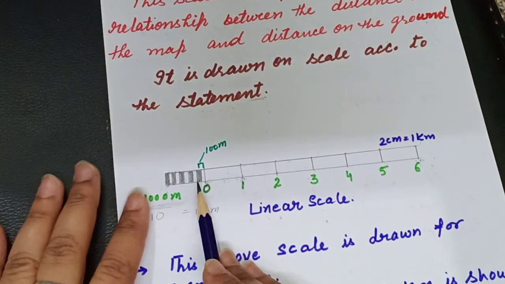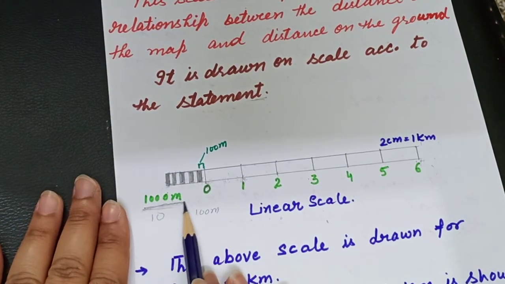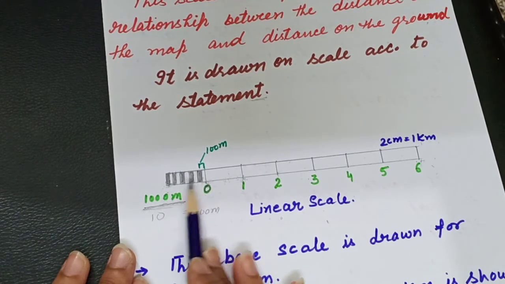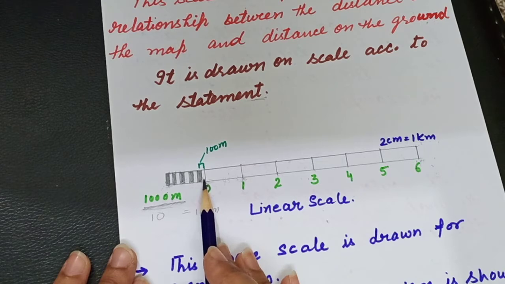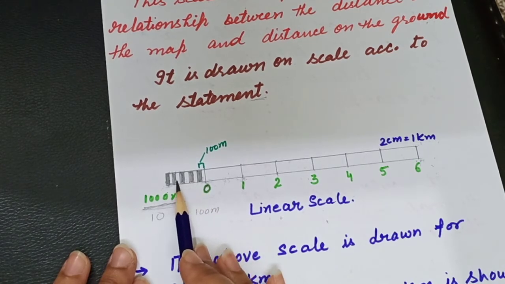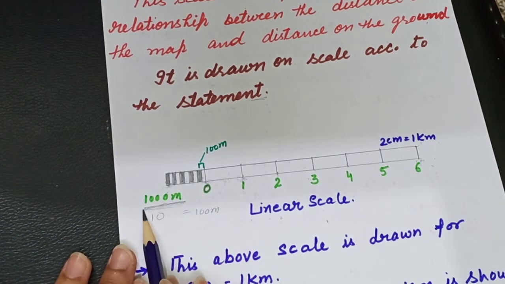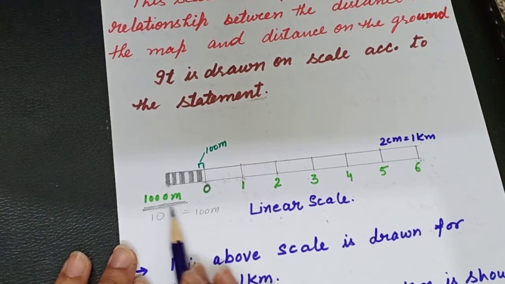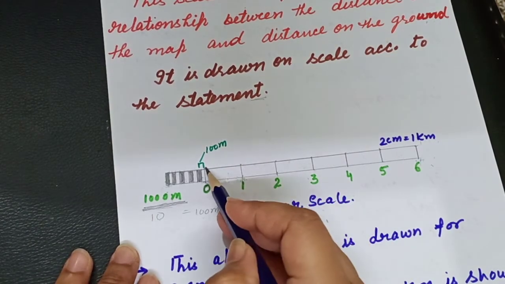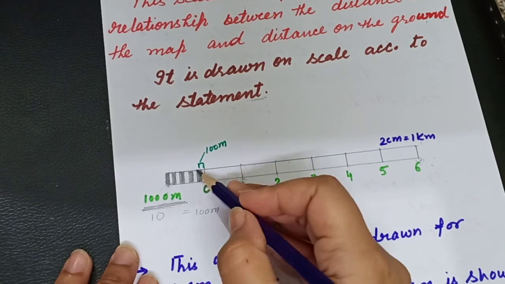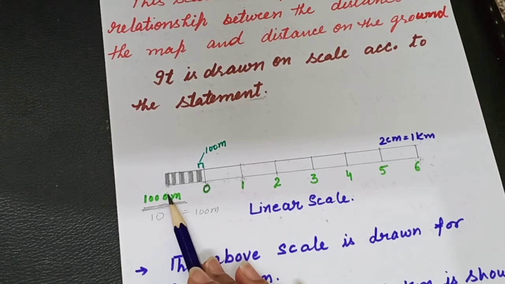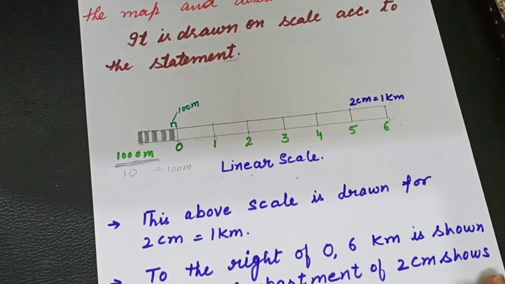So we have divided it into 10 parts, 1, 2, 3, 4, 5, 6, 7, 8, 9 and 10. So 1000 upon 10 will be 100 meters. So this one compartment, that one division will show 100 meter to us. So that is what the linear scale is represented as.